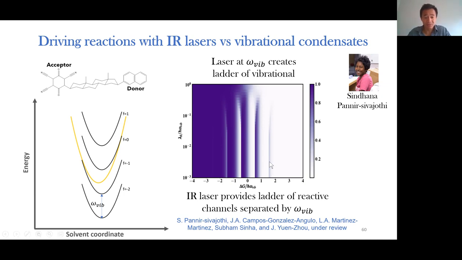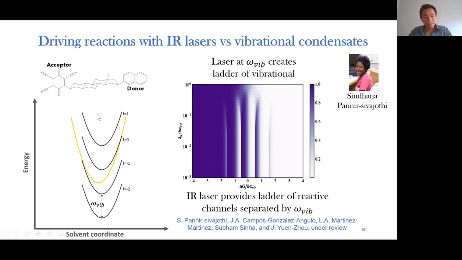You have 0 yield. But because you have photons now, and you dump about 0.1 photons per molecule outside of the cavity, then you see some probability of having the reaction even when the reaction was not spontaneous. And you can also suppress the reaction completely when the reaction was spontaneous, right? This is an effect of canceling the forward and backward rates.